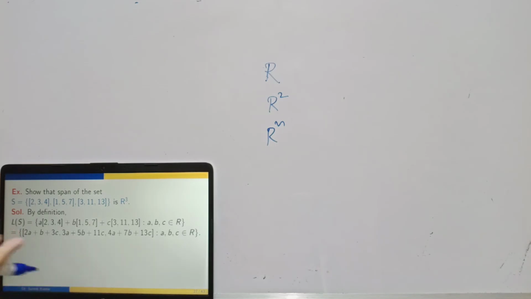So finding LS means simply consider linear combinations of all the members of the set S in case it is finite. If it is infinite, then consider linear combinations of a finite number of members of S.